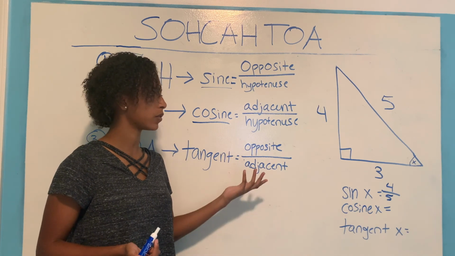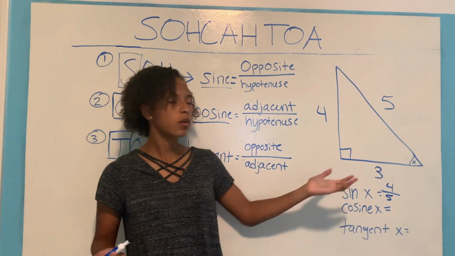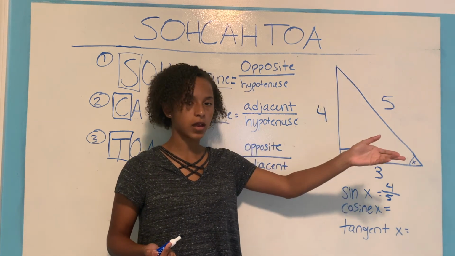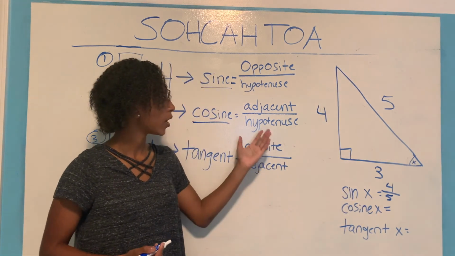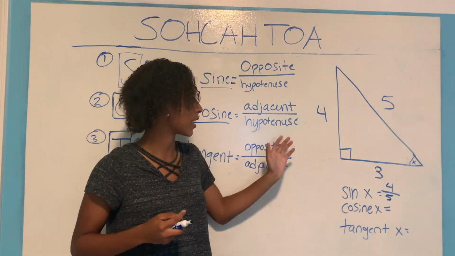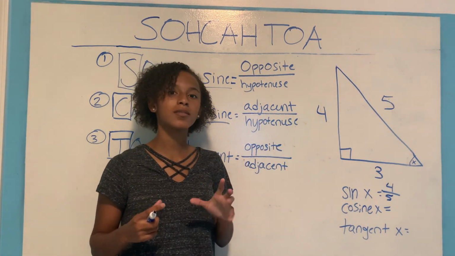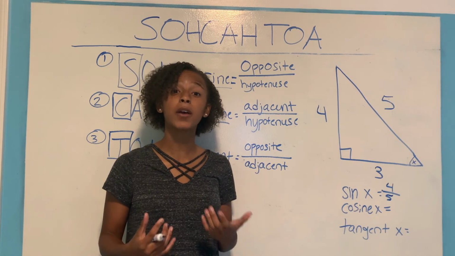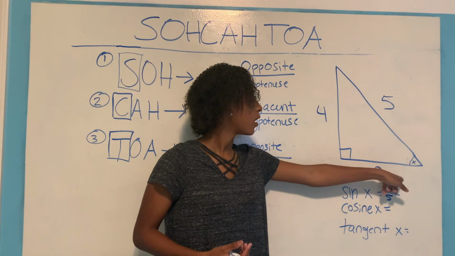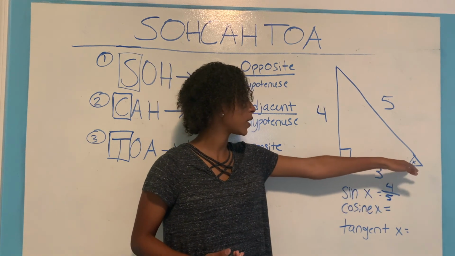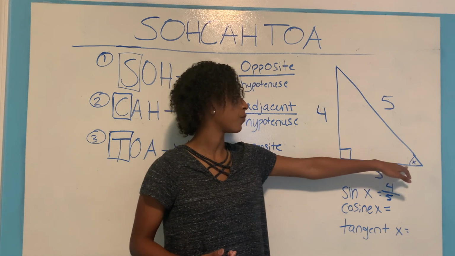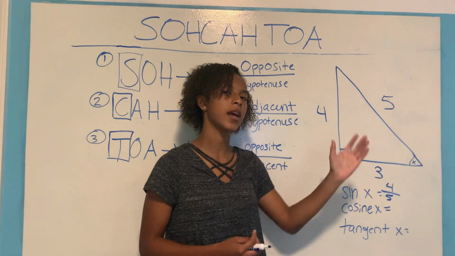We've already found the hypotenuse. We already agreed that the hypotenuse is 5 because it's the longest length of the triangle. So all we have to do now is find the adjacent. Remember, it's the one that's next to the angle that you're focusing on. In this case, that would be this length of the triangle because it is right next to that angle, and it's actually touching it.